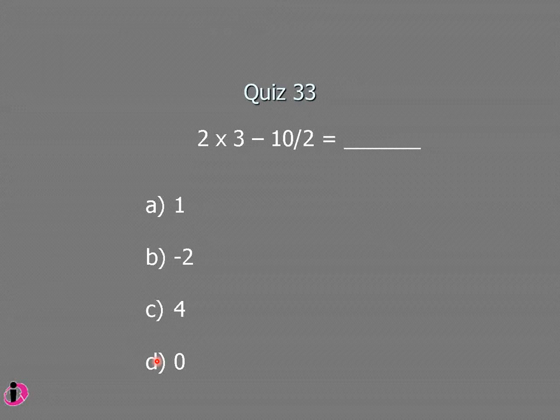So once you deal with that, 2 times 3 makes it 6, right? Then you have 10 over 2. You deal with that, it becomes 5. Now you will deal with subtraction, which makes it 1. Right answer is 1/8. Right?